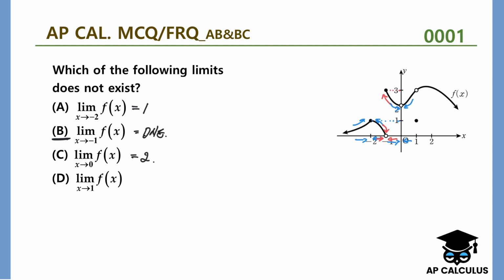For answer choice D, as x approaches 1, we always have to look at the left-hand limit and right-hand limit. So as x approaches 1 from the left-hand side, it approaches 3, right? From the right-hand side, it also approaches 3, right? So the limit value is 3.